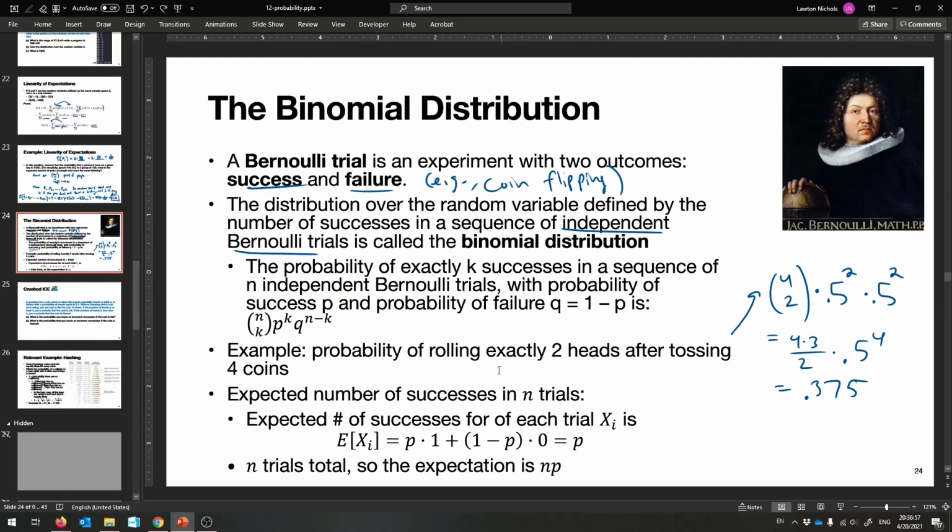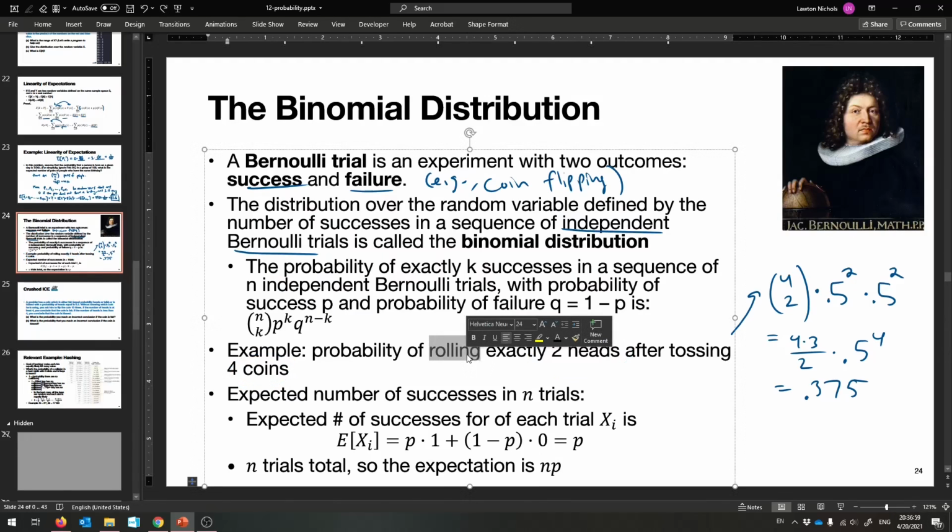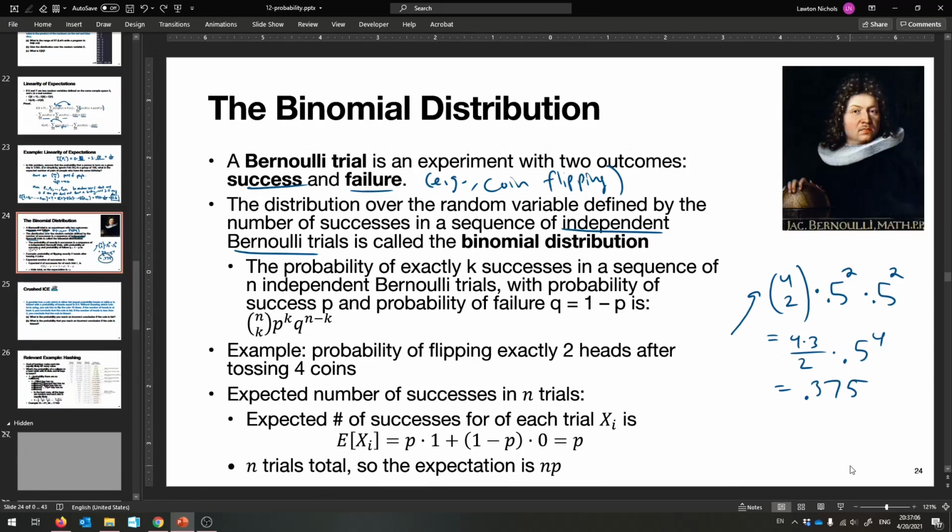I don't know why I said rolling. I think it's supposed to be flipping when it's coins. It's 0.375. It's not 0.5, even though you might think it should be. The binomial distribution looks a lot like the normal-ish distribution. That's the idea. Okay, so that is the 0.375. It's technically in the middle, but you also have things on the sides.